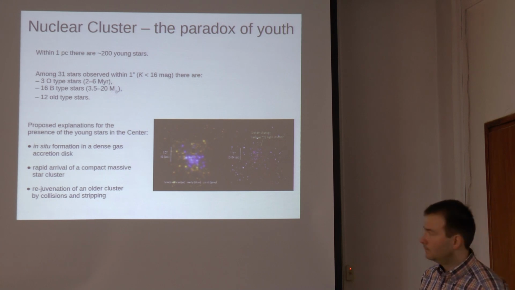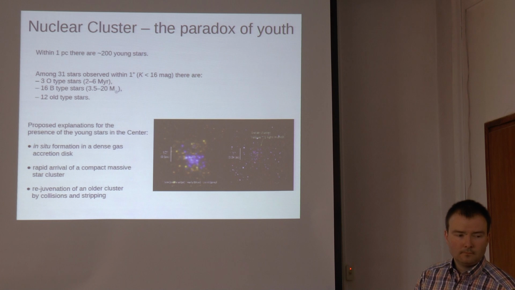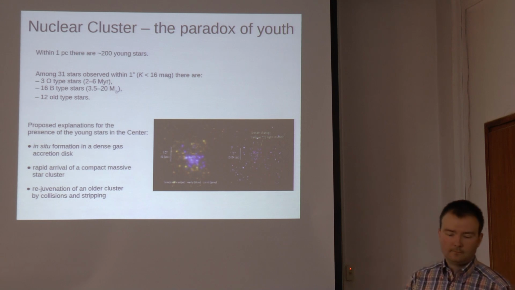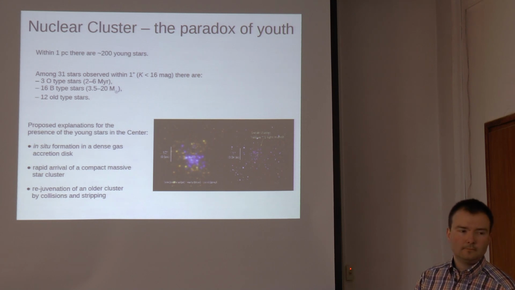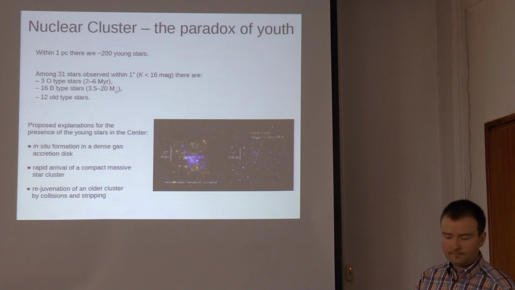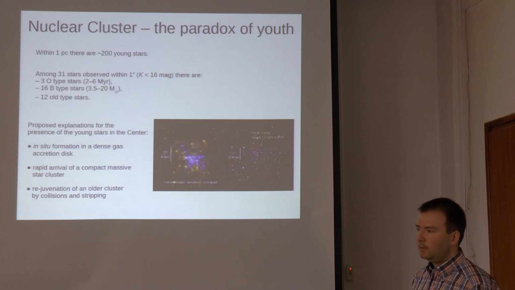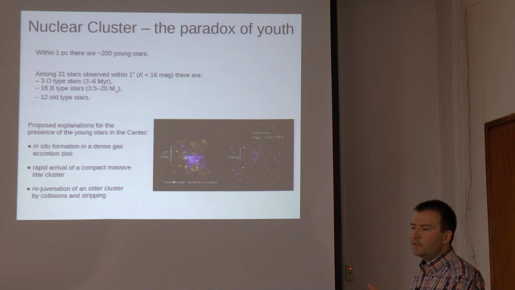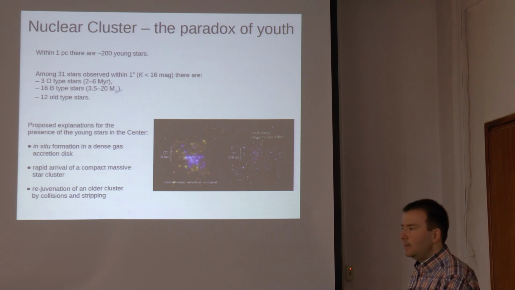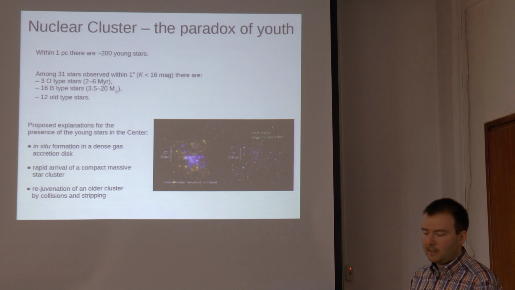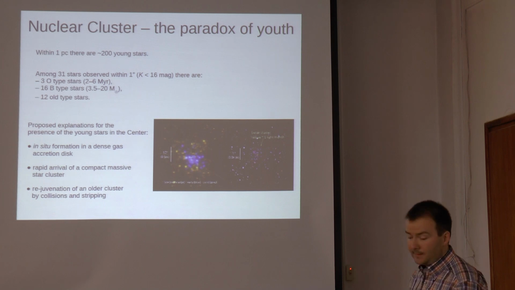But it's really impossible to say that the younger are closer to the black hole and the older are farther out. You see the composition, you do not see the resolved image. So this is the big advantage of our galaxy, that we can resolve stars. Because, well, in Andromeda you can resolve stars, but not faint stars.